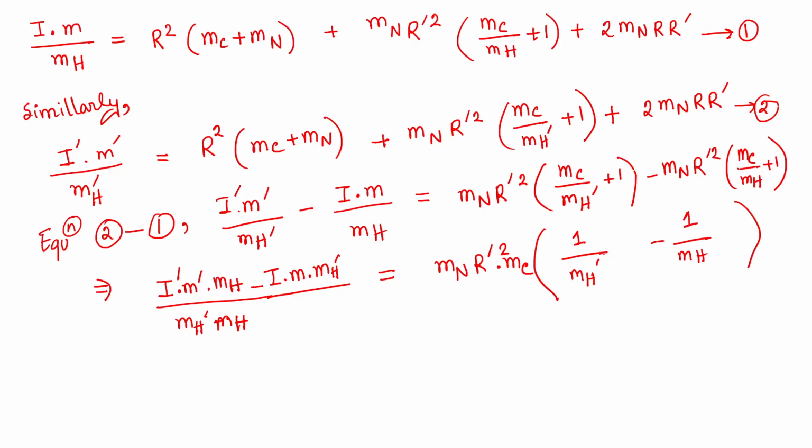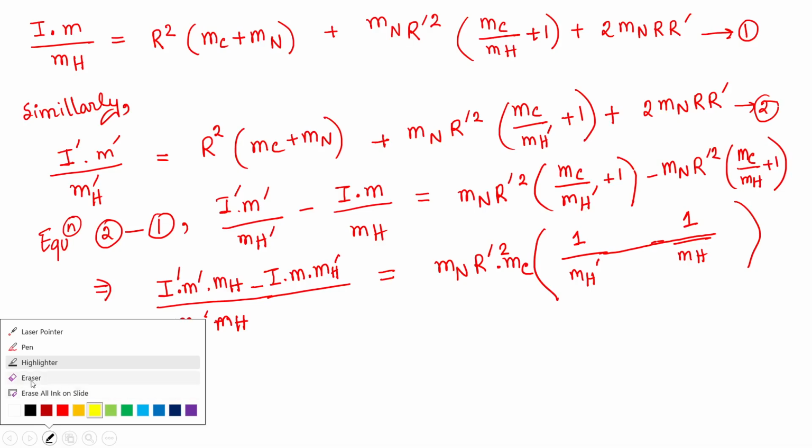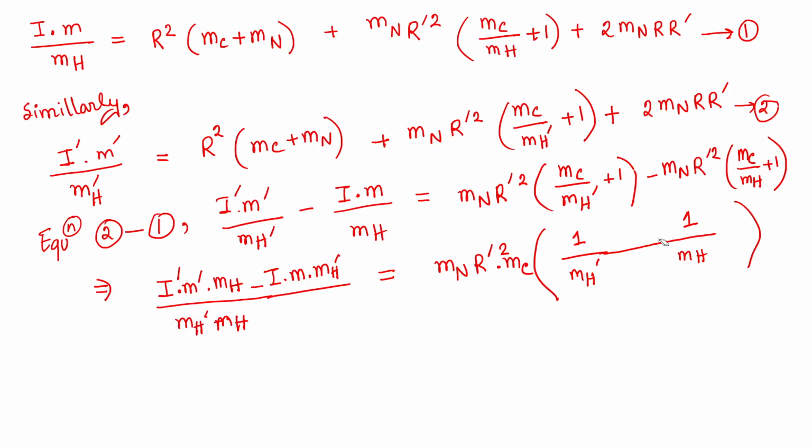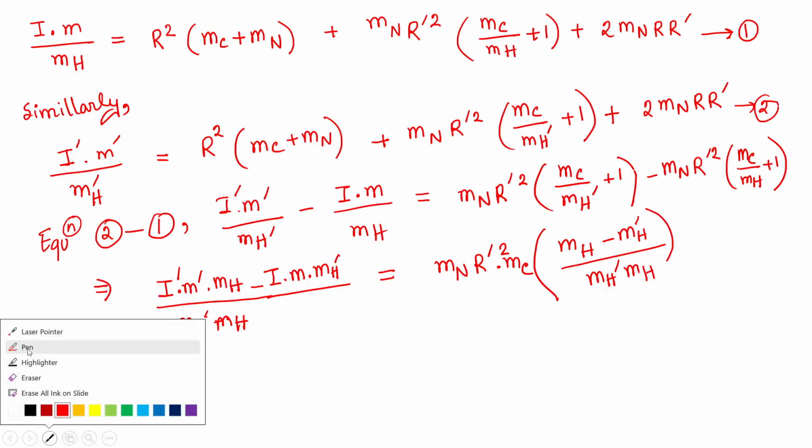Now we can do the same thing what we have done earlier, right? It would be something like mh minus mh dash divided by mh dash mh. So you can see we can cut the numerator from both the sides. So maybe on the next step we can do that.